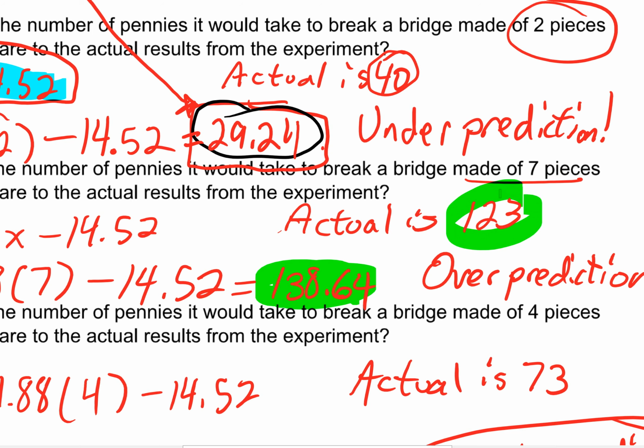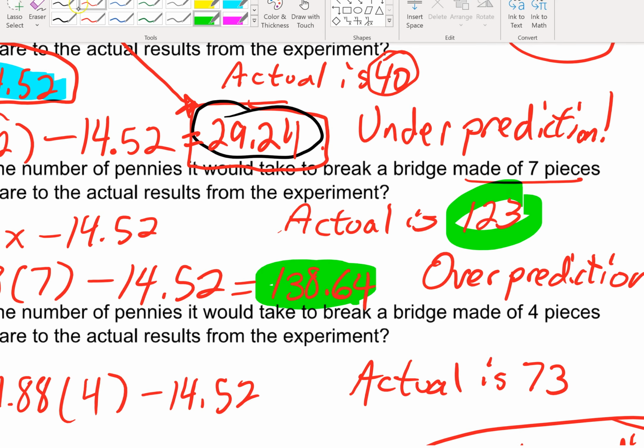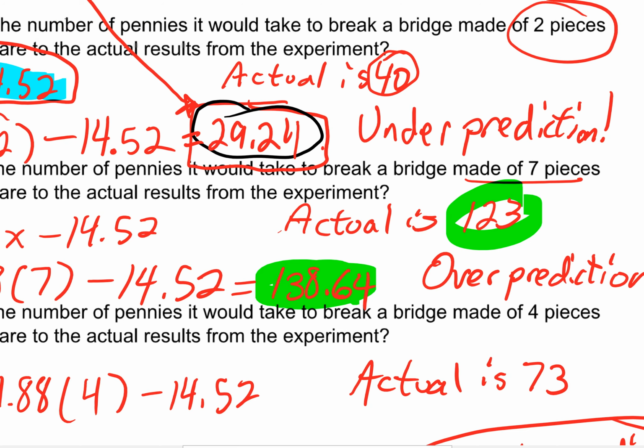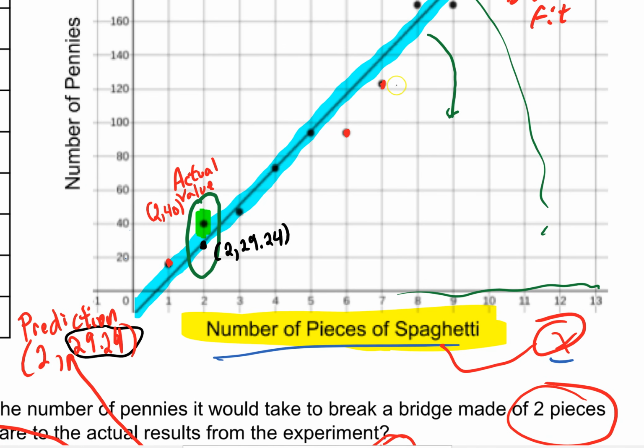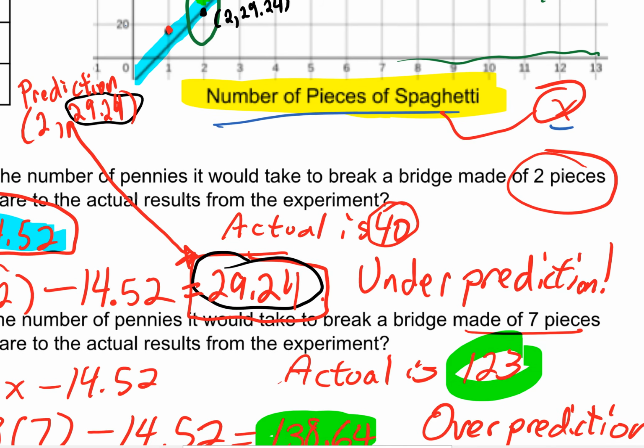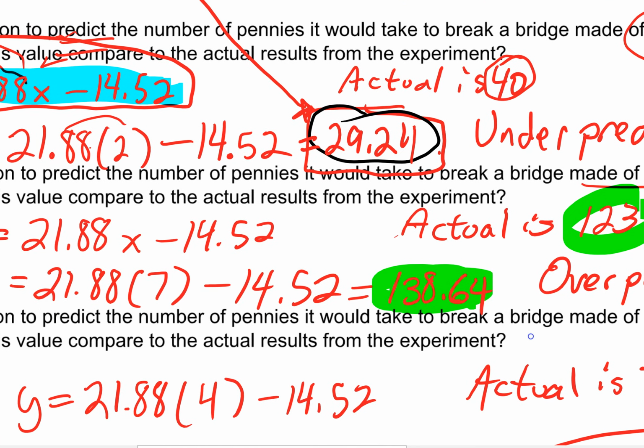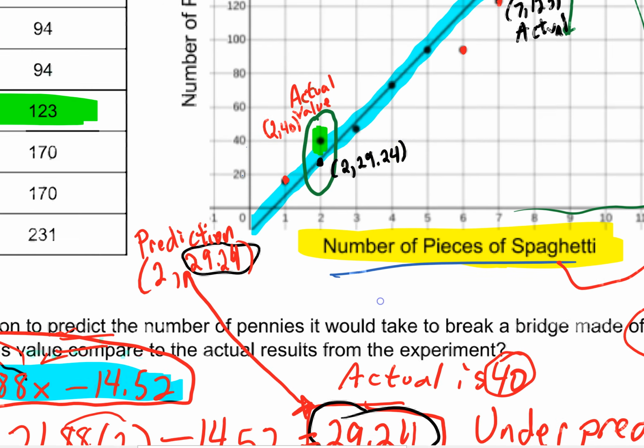So let's see if we could put that together in a different way. We can say, look, the actual is 123. Here's 7. And of course, we're going to get a predicted amount, aren't we? That's 138.64.